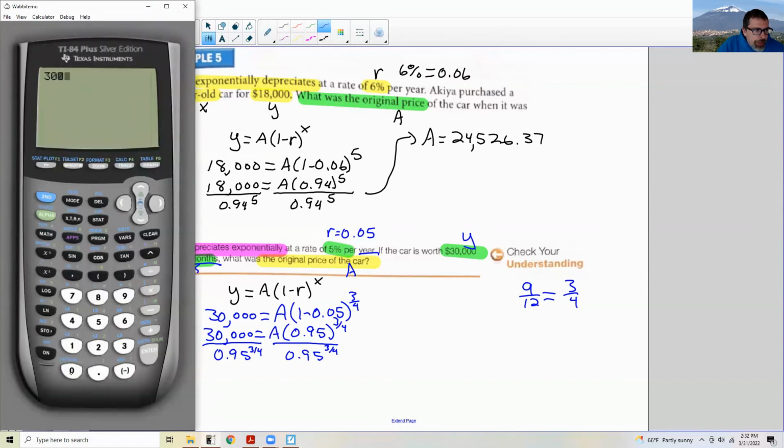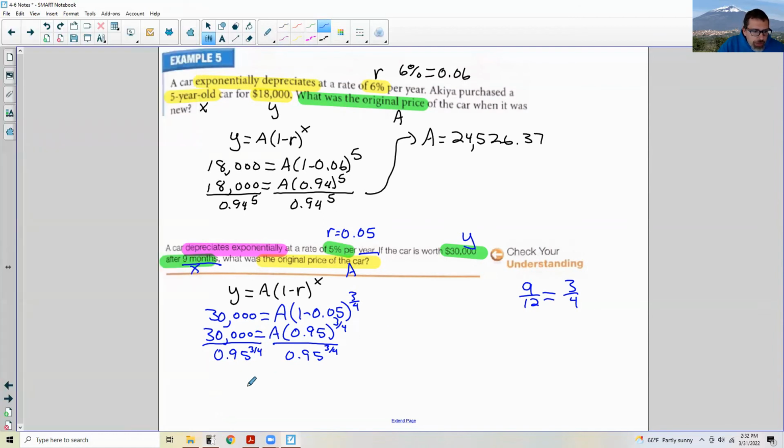So we take 30 grand divided by 0.95 to the power of, and I'm going to put 0.75 for 3/4. And I get $31,176.59. So that's simplified to A equals 31,176.59.